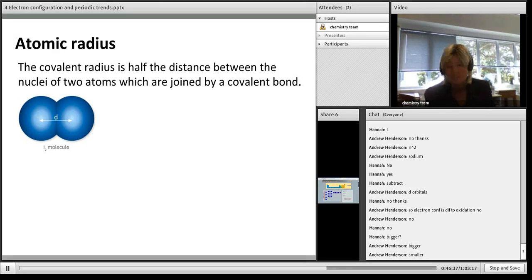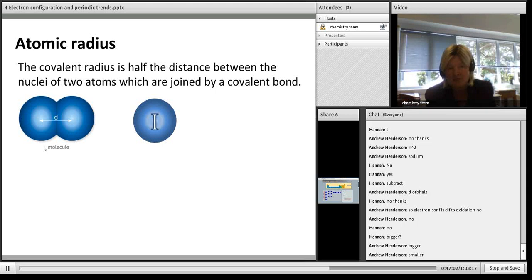Okay, so let's talk about the atomic radius. An atom is too small to measure directly, so the only thing we can really look at is molecules, and we can try and work out the atomic radius by halving covalent bonds. A lot of people have spent a lot of time trying to get approximate sizes for atoms.